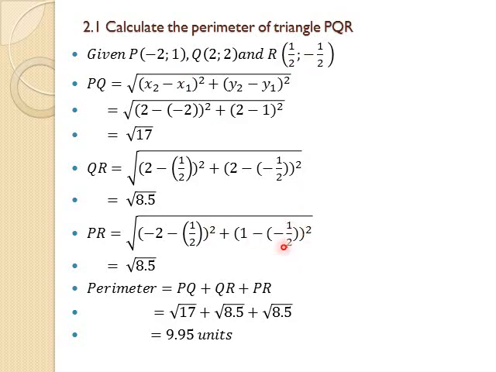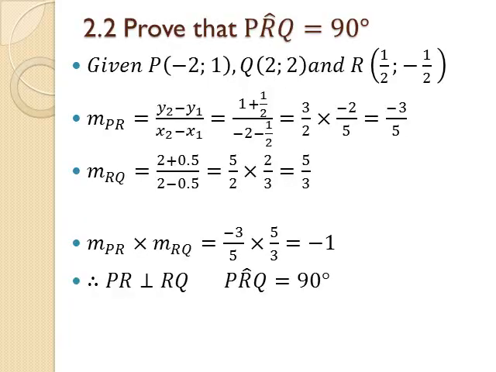Again, that would give me 3 over 2 and 5 over 2. So square root 8,5. So for perimeter, it will equal PQ plus QR plus PR. Add them all together, and I get 9,95 units. Because I haven't specified centimeters or millimeters, it's very important that I put in the word units. We're calculating length. Alright, let's go to the next problem.